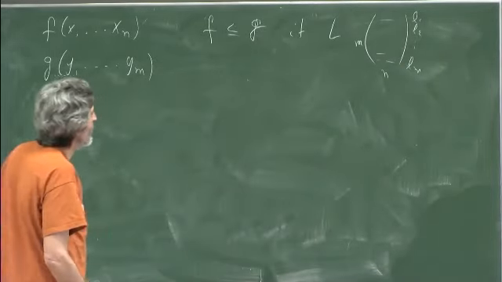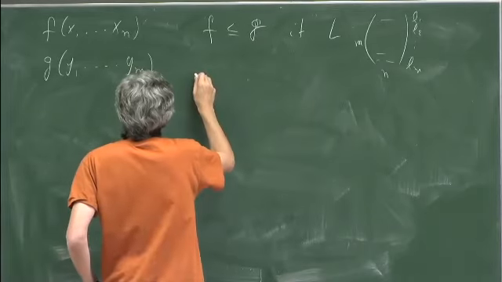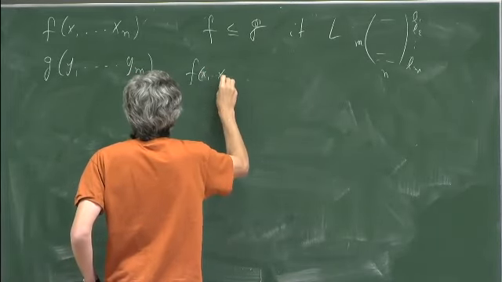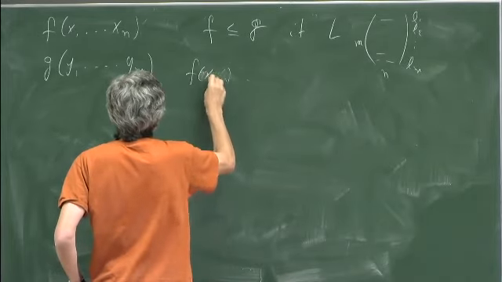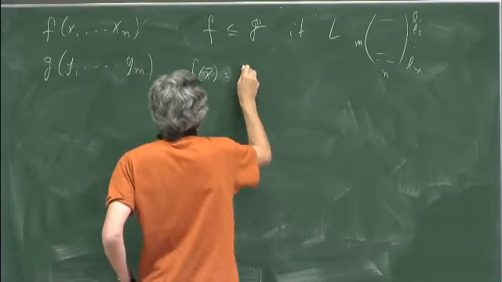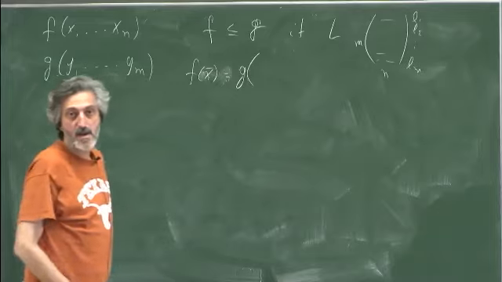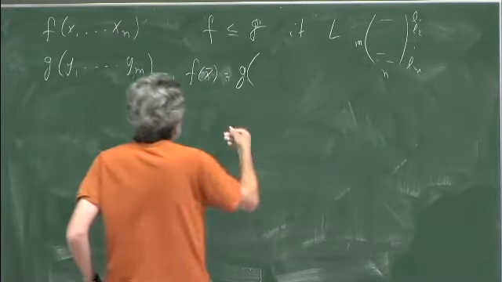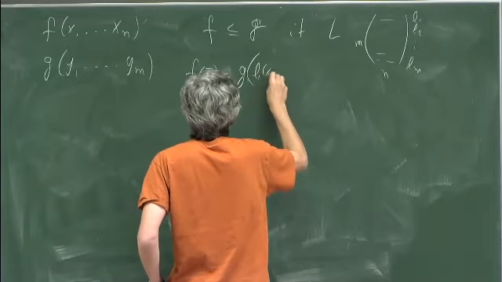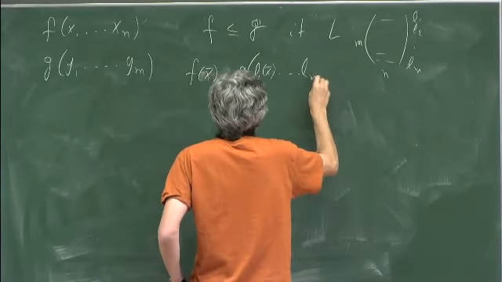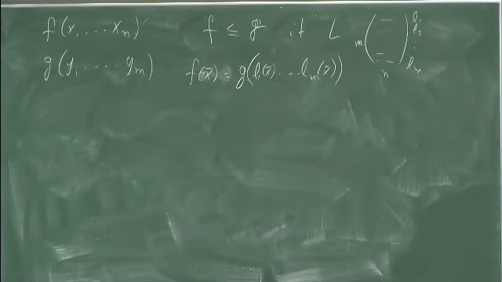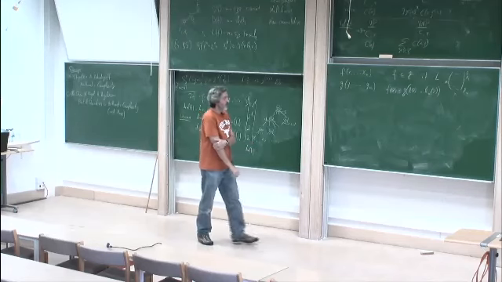Just a matrix of coefficients such that f of x is simply what you get when you plug into y these linear functions of x. So you translate them by a linear operation, and you put here L1 of x to Lm of x, and you get back your polynomial. So that's a projection, a linear projection.